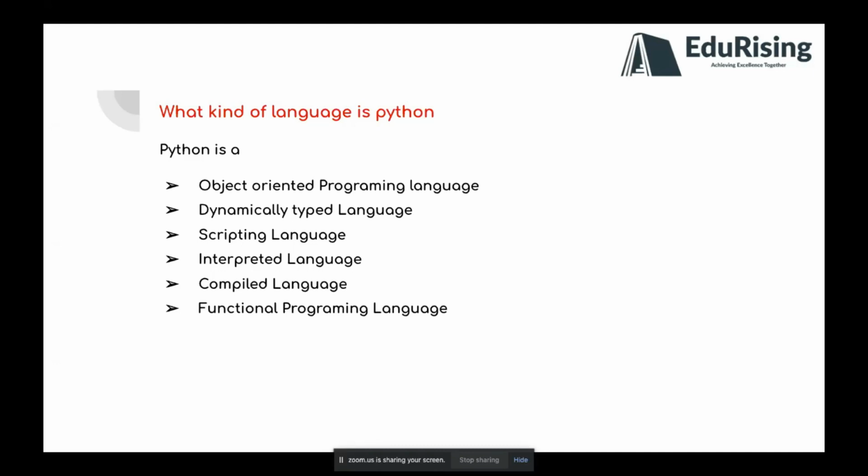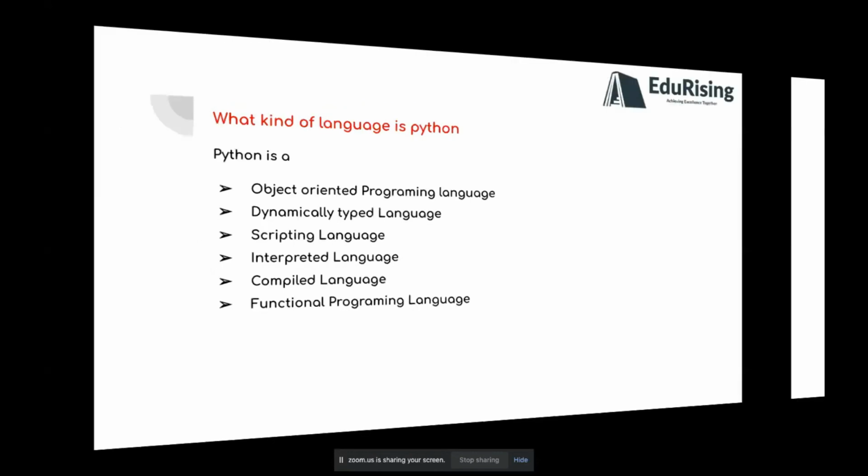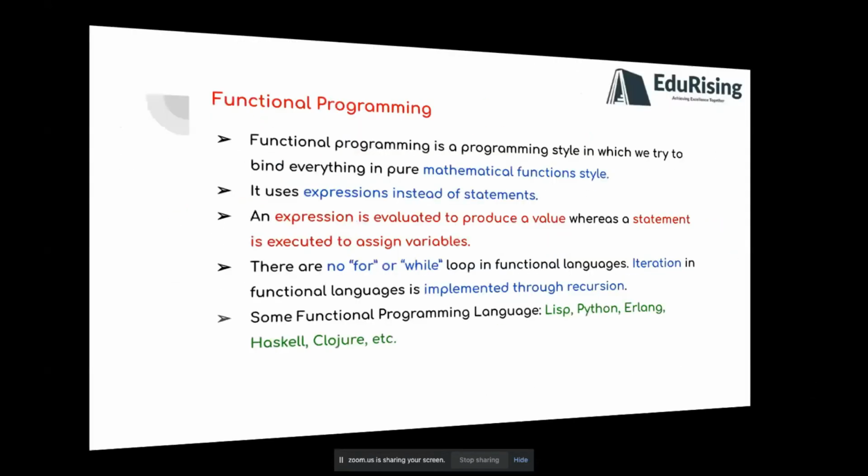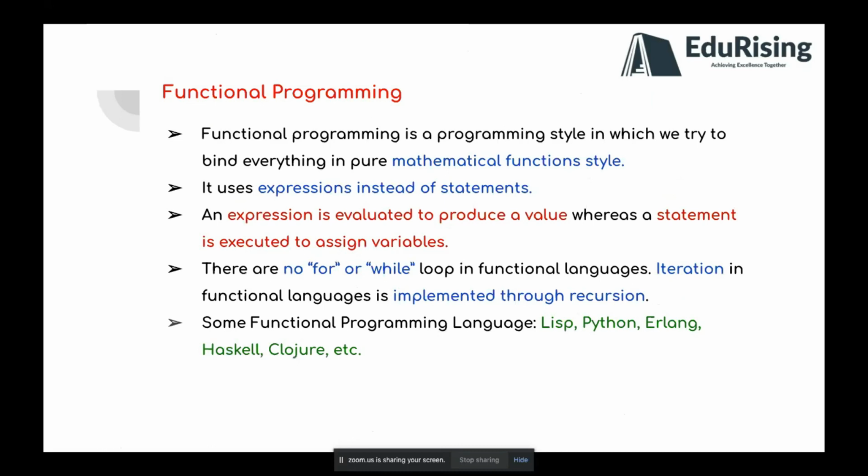Functional programming language. What is meant by a functional programming language? Functional programming is a programming style in which we try to bind everything in pure mathematical functions. What are the features that made Python a functional programming language?